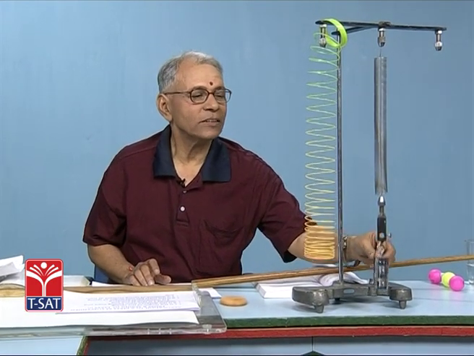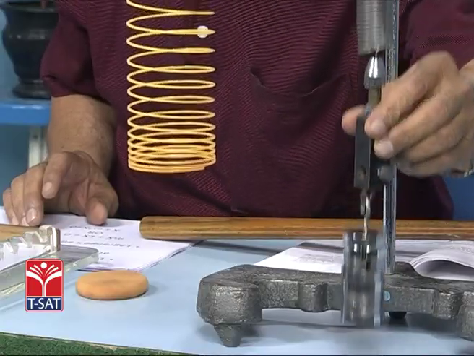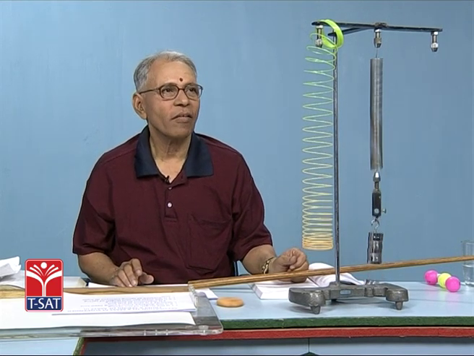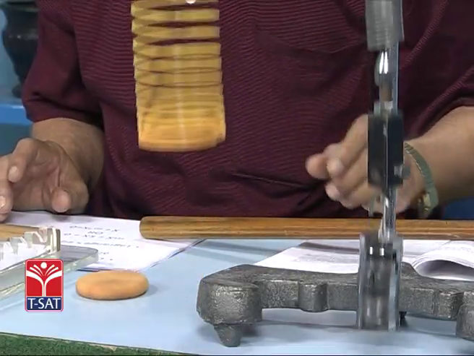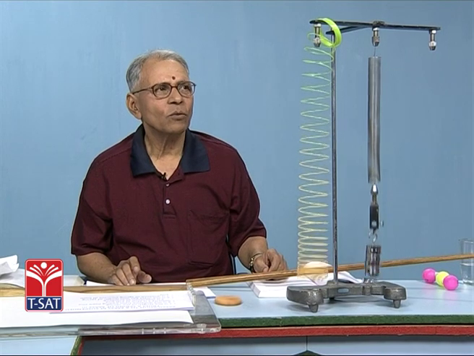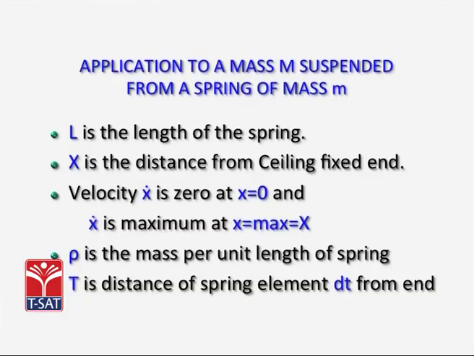The mass is made to move like this, so that the spring is kept in oscillation, and you can also see such a thing in a toy shop, a plastic colorful spring. While it is oscillating, the total length of the spring is capital L, and x is the distance from the ceiling, that is this end, to the concerned point.